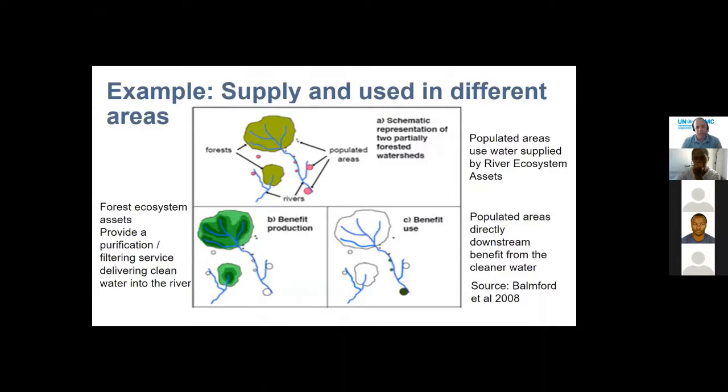But the benefit is actually realized in these areas that are directly downstream from the forest where the water's actually abstracted and used. And there are lots of similar situations. For example, pollination services are often supplied by ecosystem assets around agricultural areas, and nursery services are often supplied, for instance, by mangrove areas to open oceans and support the recruitment of commercial fish stocks.